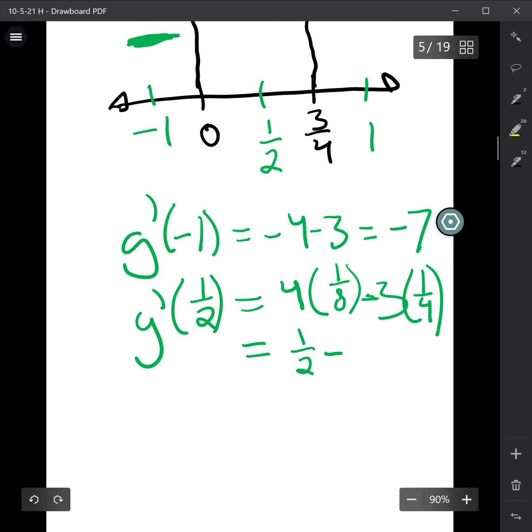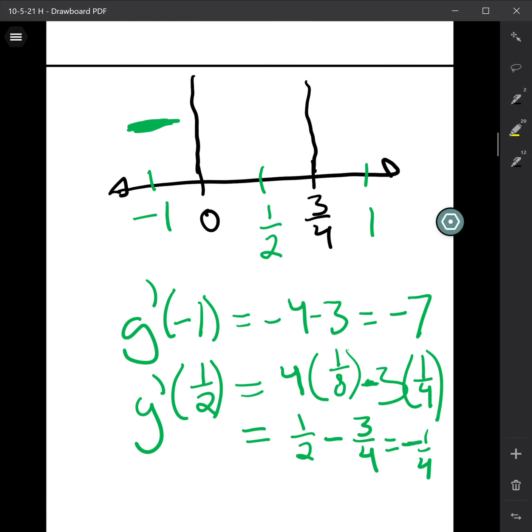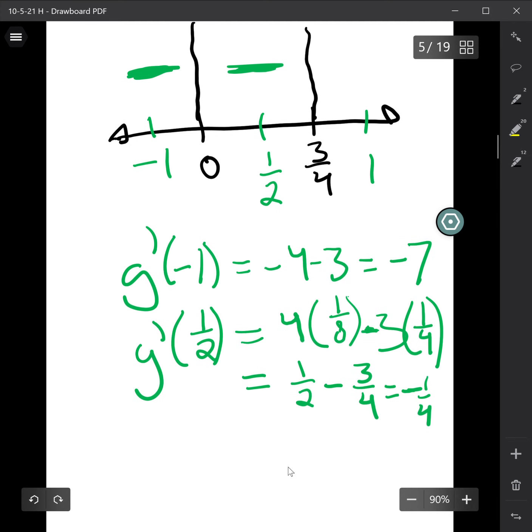Minus, and that is a minus, I apologize. So we'll have 1/2 minus 3/4, which the moral of the story is it's just negative. That's really the thing we care about. So doing this is actually perfectly acceptable, meaning negative. However, if you want to get your straight up answer, this would be -1/4. So at 1/2, I'm negative, I'm decreasing.